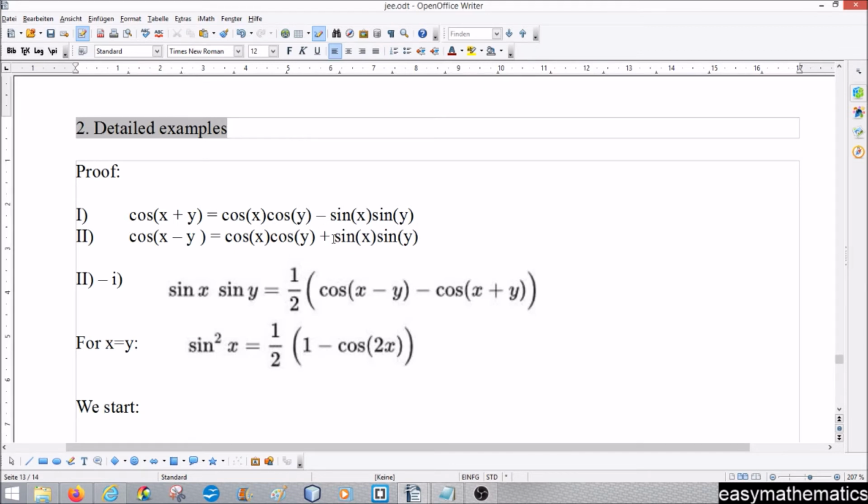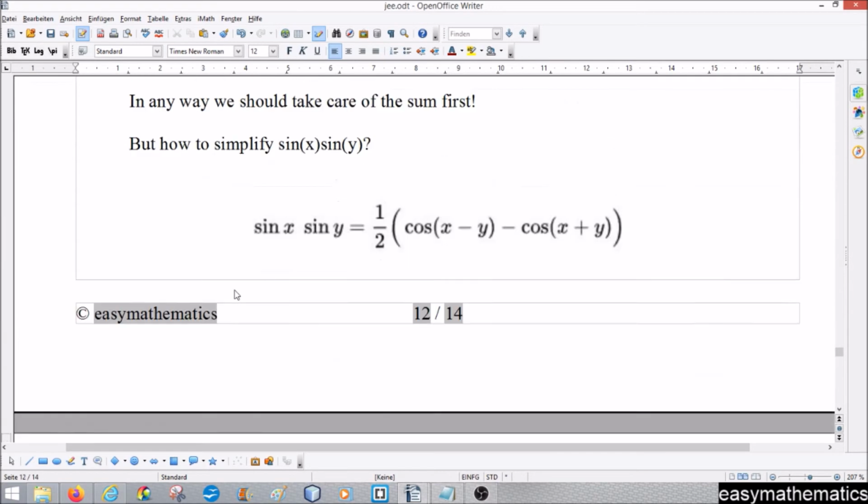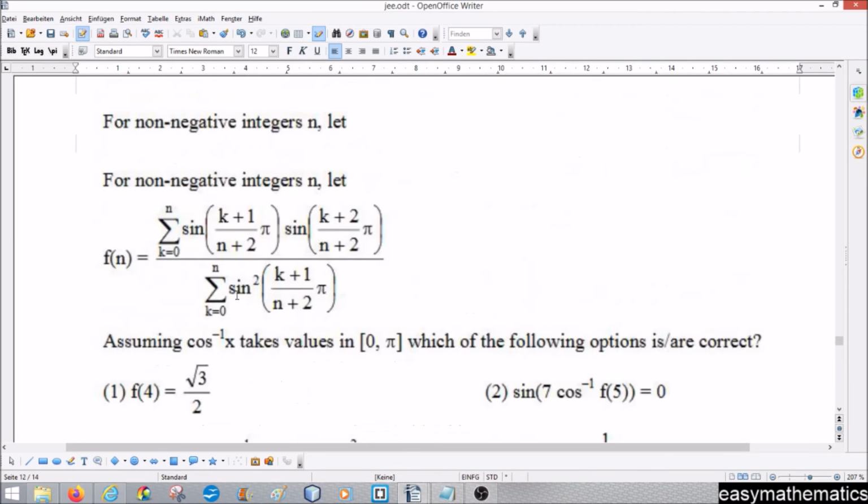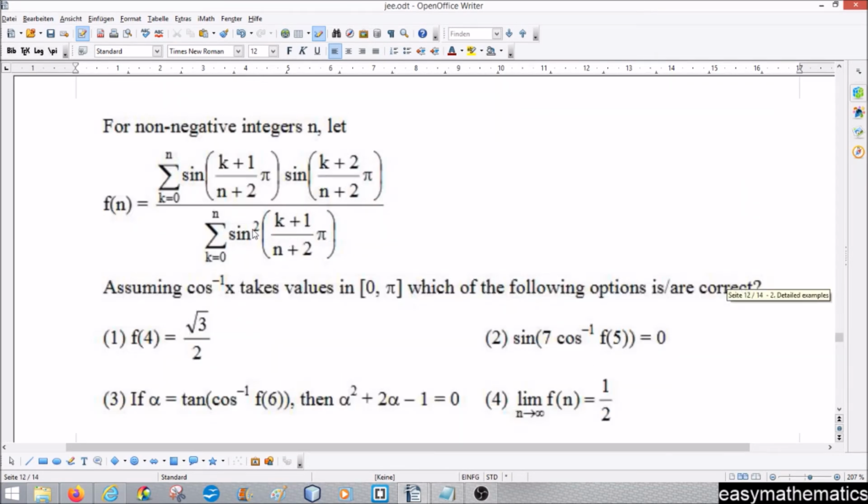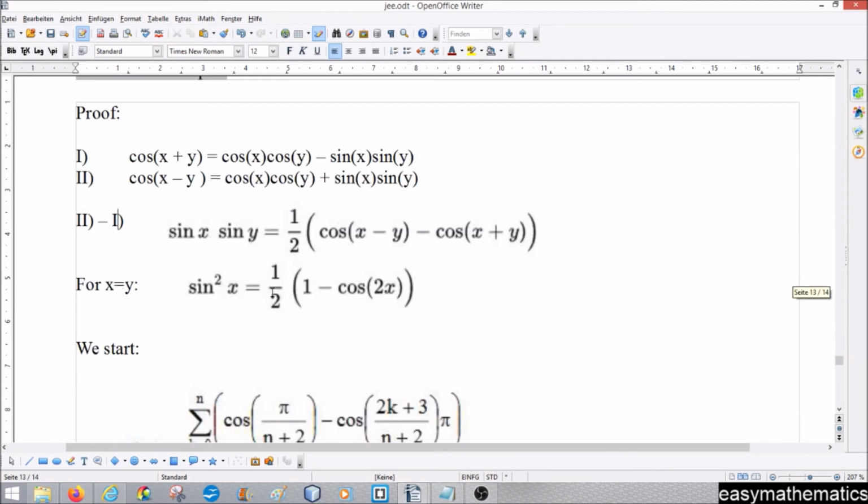And we are interested in sine x sine y, and to get this, we subtract 1 from 2, so 2 minus 1, and then you get immediately this identity. And if you look carefully in the denominator, we have sine squared, so we get the sine squared as a special case for x equals y.